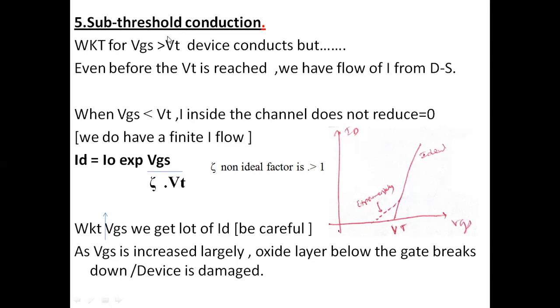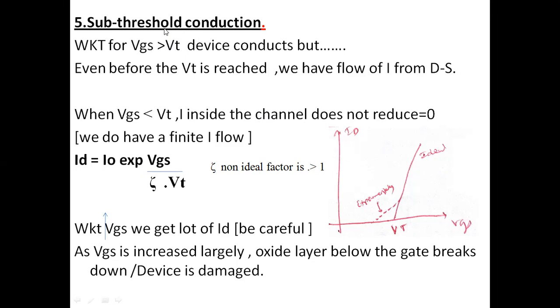That needs to be applied at the gate terminal to turn on the device and make current flow in the channel. So the next non-ideal effect we call subthreshold conduction. We have subthreshold conduction as the heading.